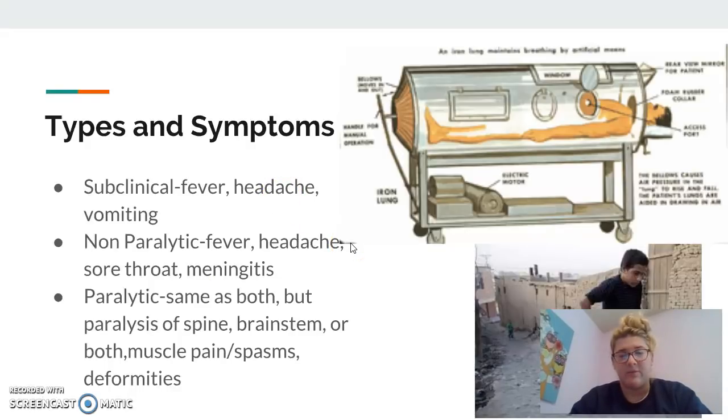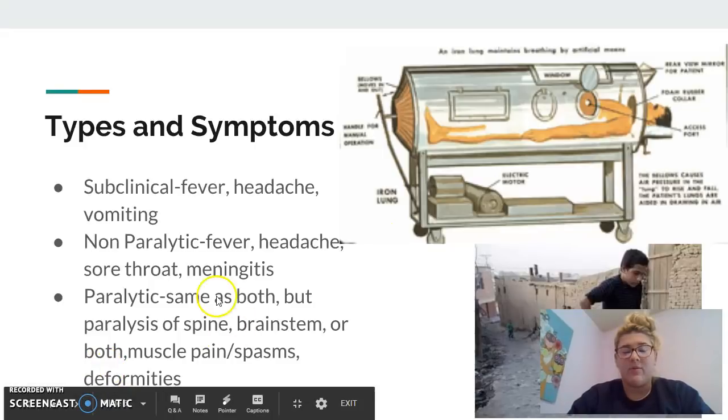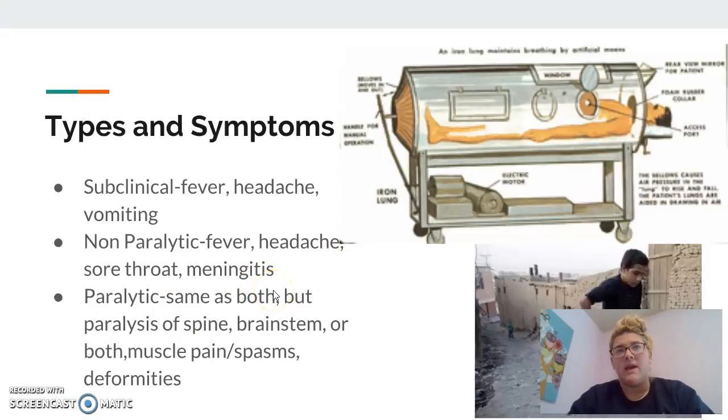A little more of the paralysis, the muscle pain, spasms, and the deformities can even continue to worsen. But only about 1% can actually have paralytic polio and show symptoms of it. And of those, about 5 to 10% of people die.